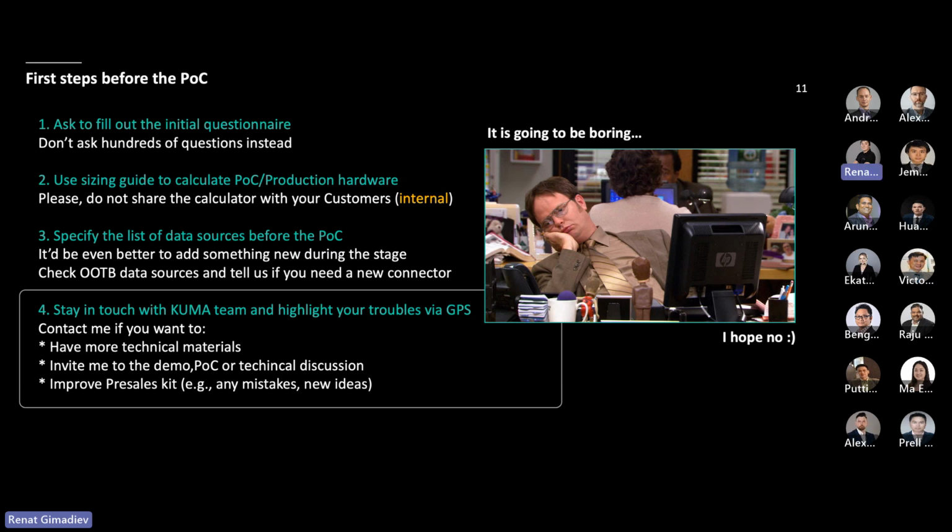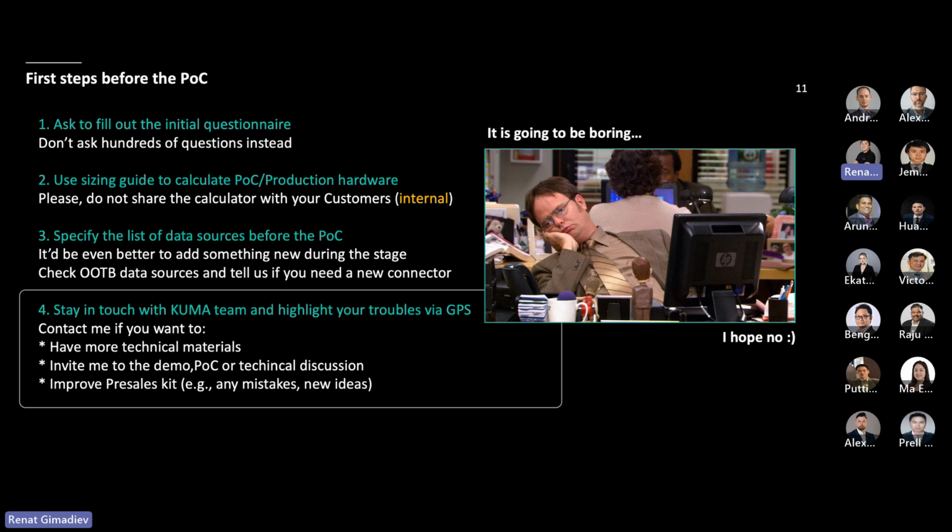How many servers, how many virtual environments should we ask to deploy, or any other related questions. So we have an internal calculator. So please do not share this calculator with your customers. It's only for our internal Kaspersky usage. And I'll also show it on the next slide.